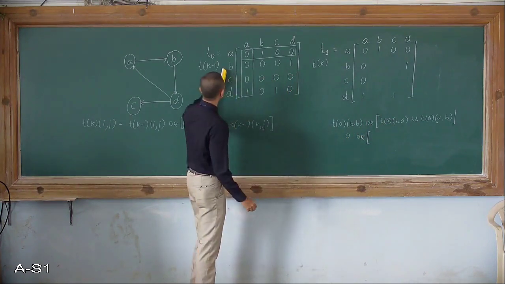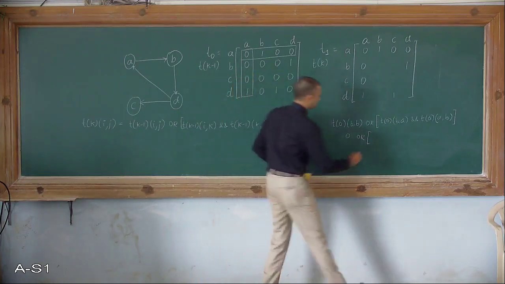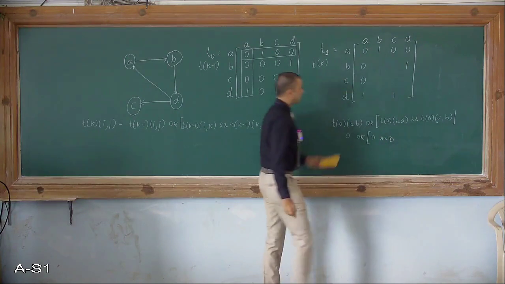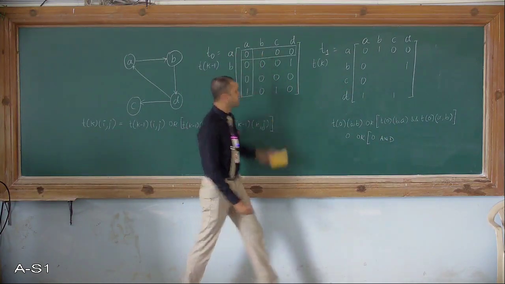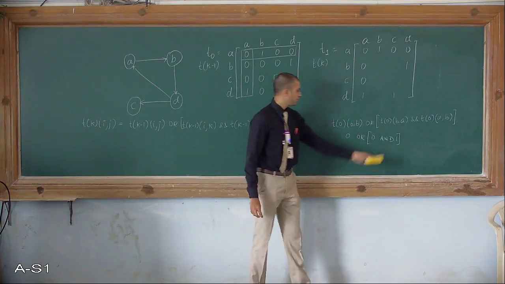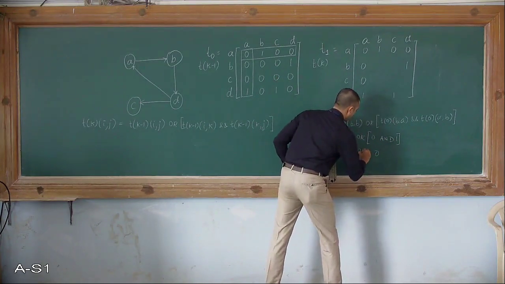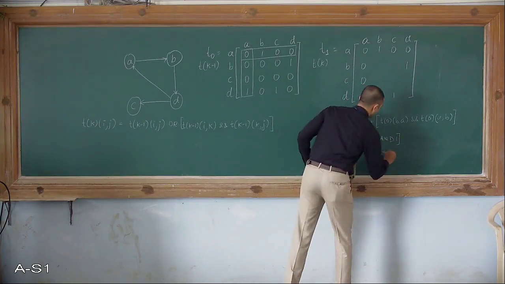B to a, do I have an edge? No, it is 0. So write down 0. And a to b, is there an edge from a to b? Yes, a to b is 1. So write 1. This is logical AND. So 1 and 0 is always 0. 0 or 0, it's going to be 0.